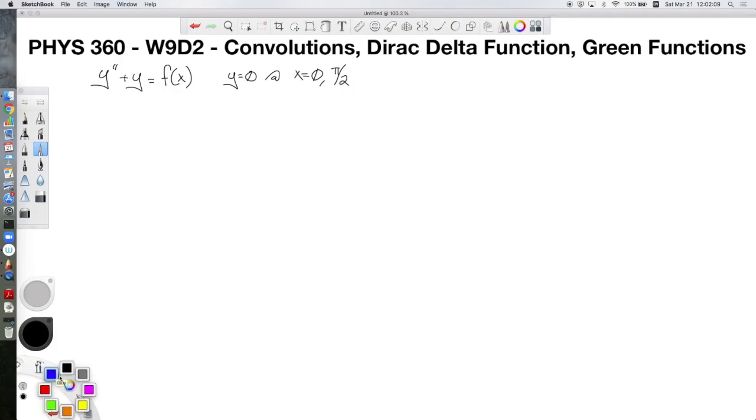So our first step is to let f of x become a delta function, x minus x prime.